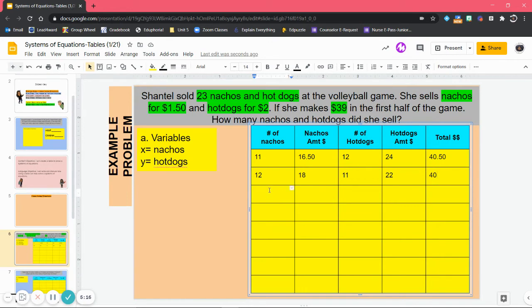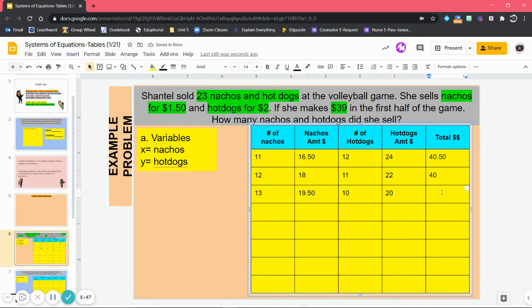So another one, I want to take away from hot dogs again. Now I'm at 10 hot dogs, which means I have to add to this side, which is 13 nachos. For the dollar amount, I'm going to add another $1.50, so 18 plus $1.50 is $19.50. Then I take away another hot dog, so I take away another $2 here, which puts me at 20.